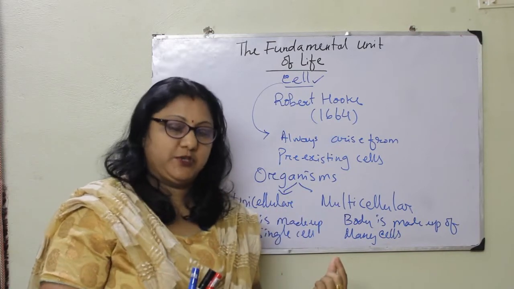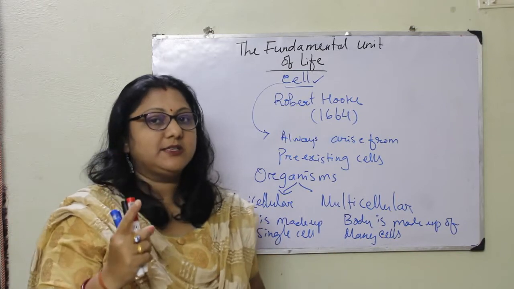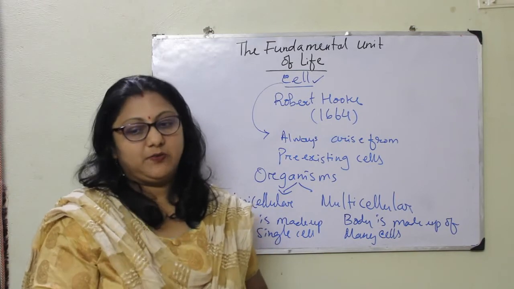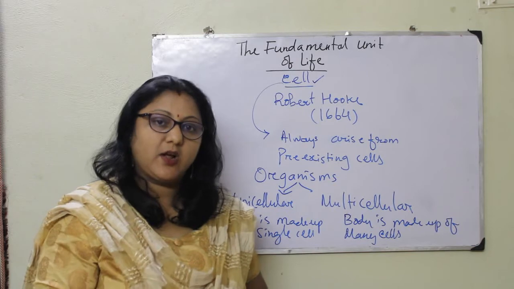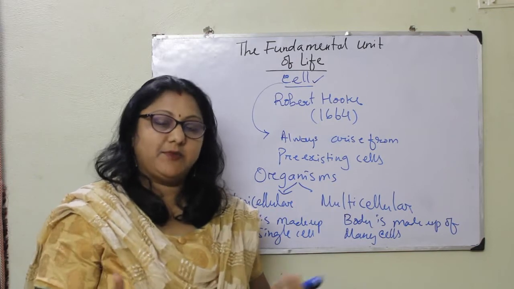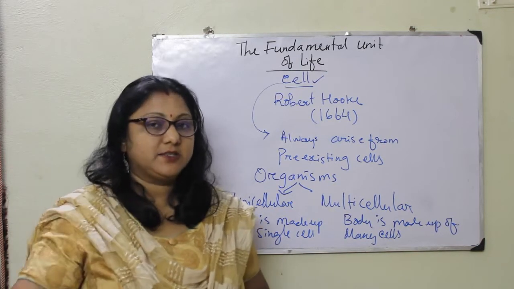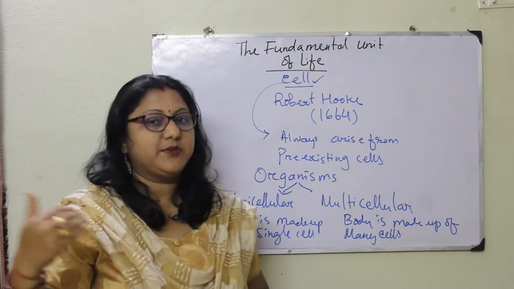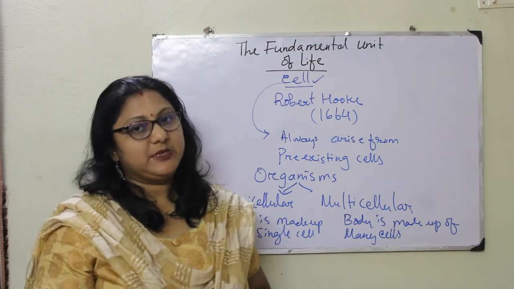If it is a unicellular organism, that one cell is capable of doing all the work. If it is a multicellular organism, many cells combinedly will have the distribution of work and carry out different functions, so the organism is surviving.